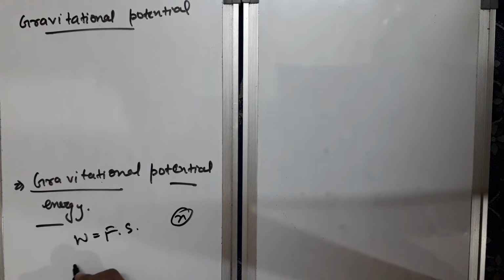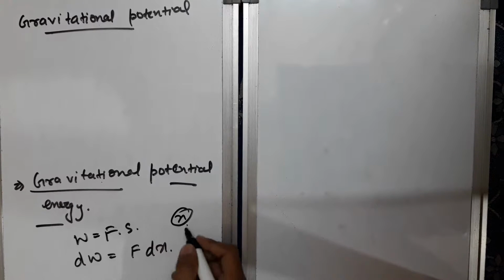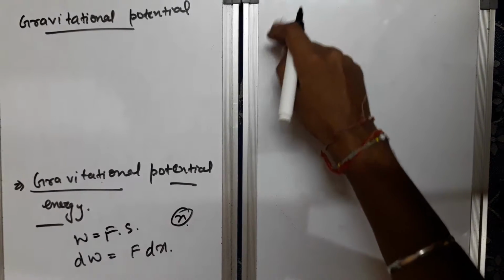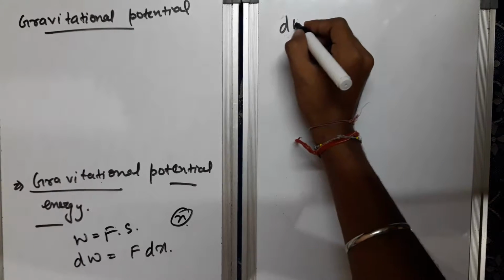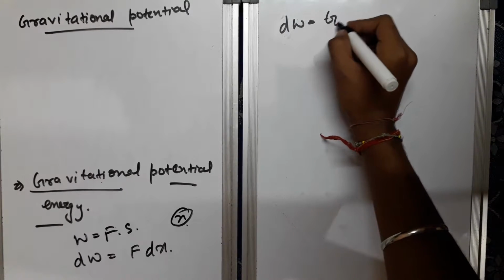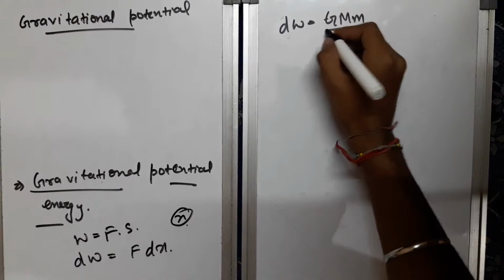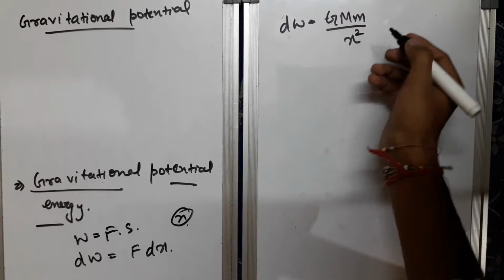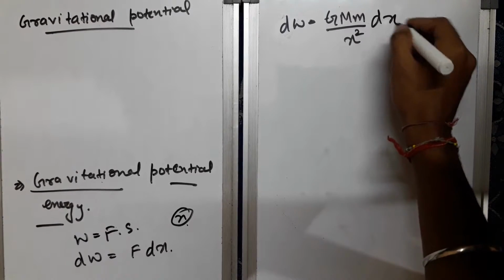So we get small work, delta W equals force times delta x. Putting the value of force, we know that force is GMm over r square, and as I told you, I'm taking the displacement x, so the radius is x, giving GMm over x square dx.